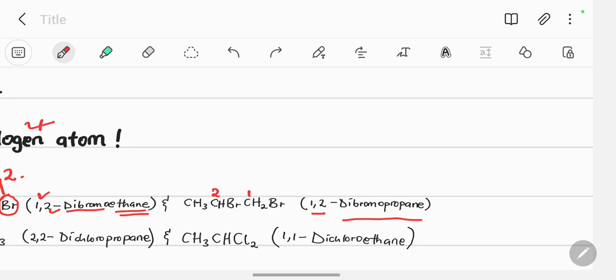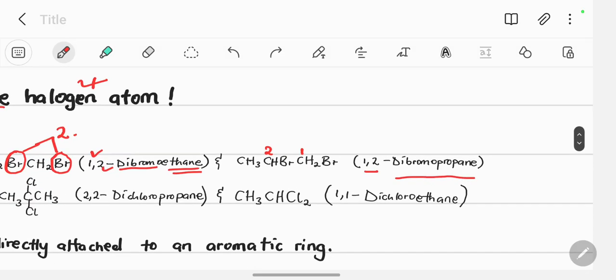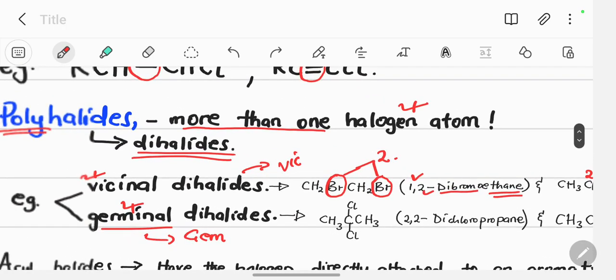So don't give it 2,3-dibromopropane. That's wrong. When you add 2 and 3, you get 5, but when you add 1 and 2, you get 3. So the lowest is the correct one. So these ones are examples of vicinal dihalides.